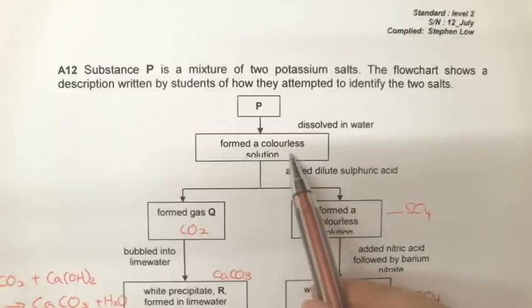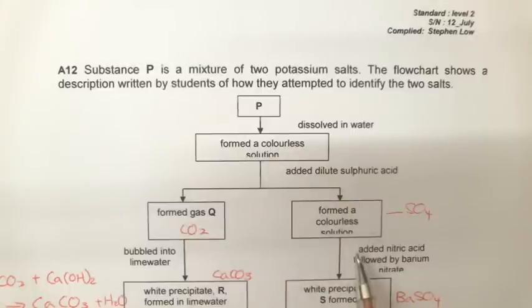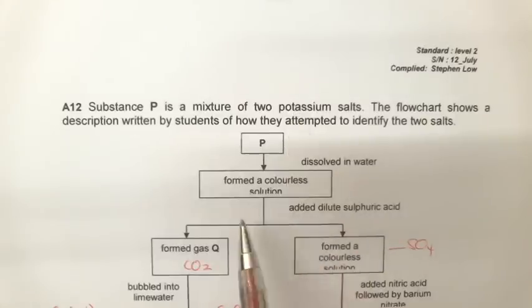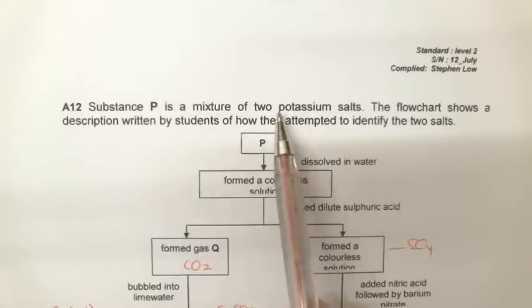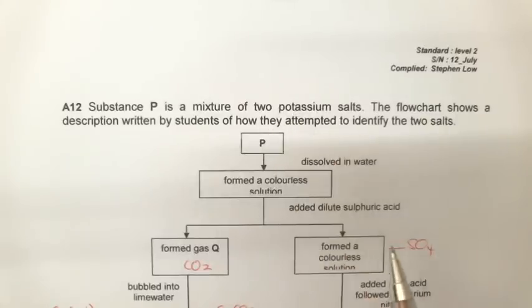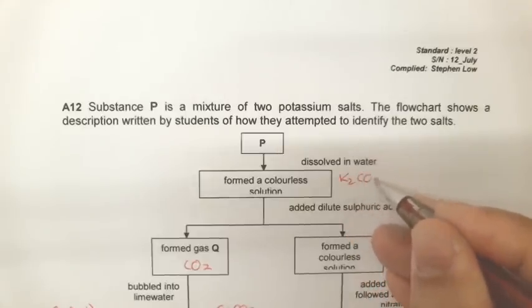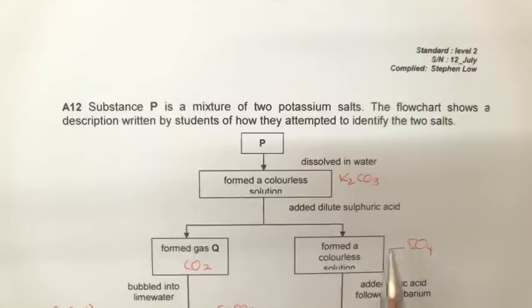What carbonate can it be? If you think carefully, the answer is right on top. What carbonate can it be? Yes, it must be potassium carbonate. So potassium carbonate reacts with sulfuric acid to give you products: salt, carbon dioxide, and water.